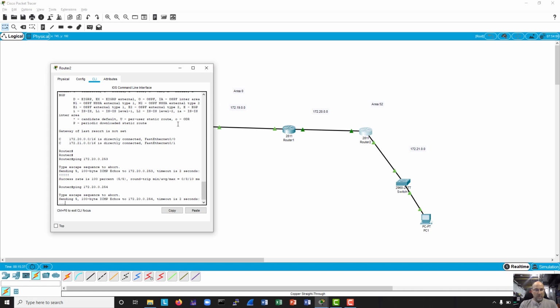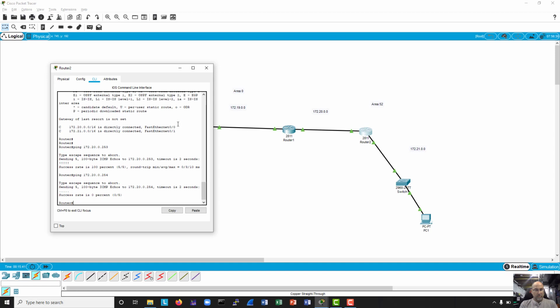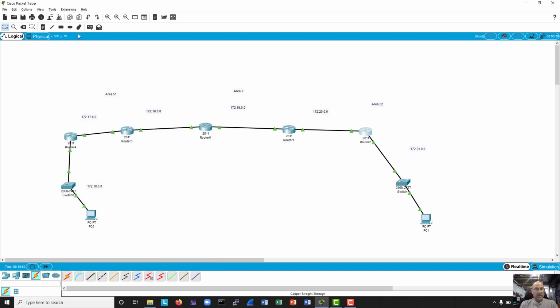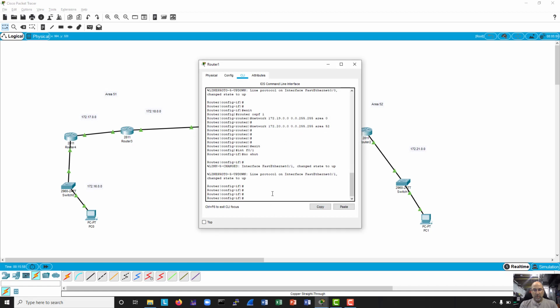So this is router 2, and that's what I was worried about earlier. So you are 253 on this side. I should make a note here. 253. And let's see what we have going on with this particular router.